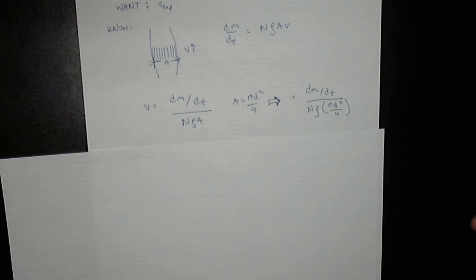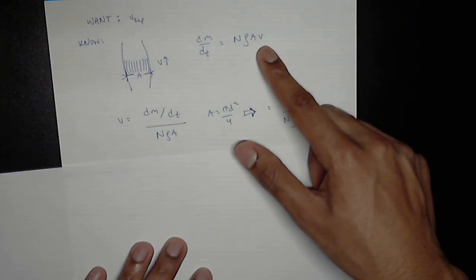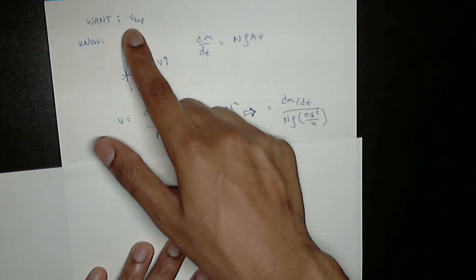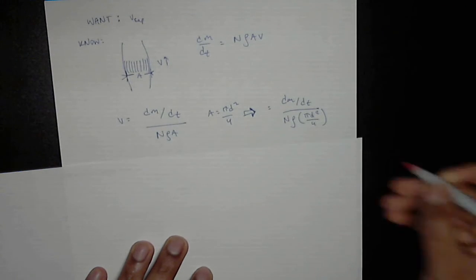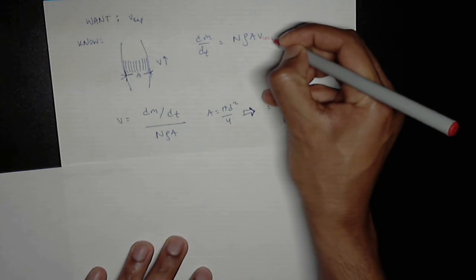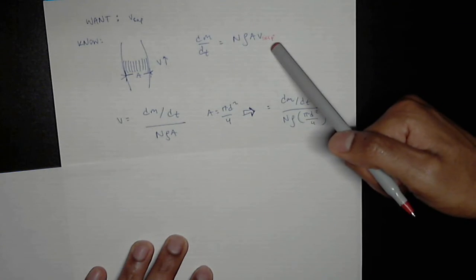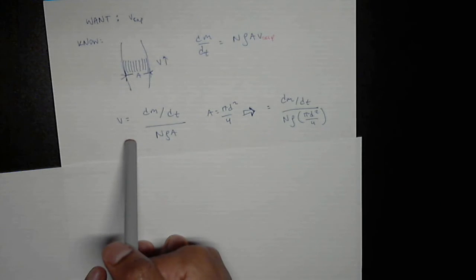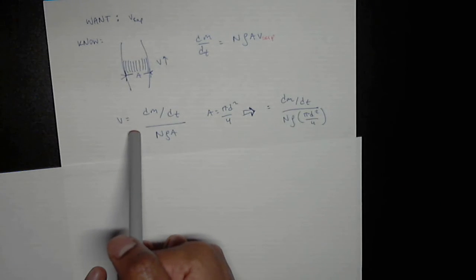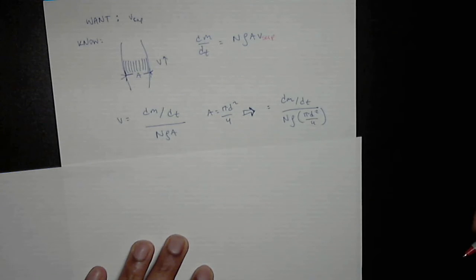So now we have what we are looking for in an equation. Should have written v_sap, but let's add that in right now. Now we just have to isolate it. So we solve for v, and we get v_sap is equal to dm/dt over N rho A.